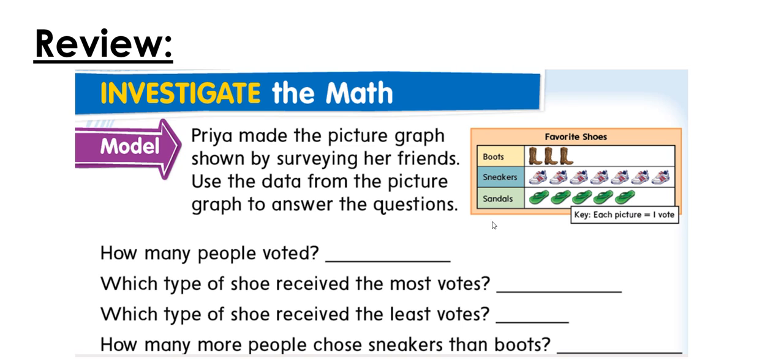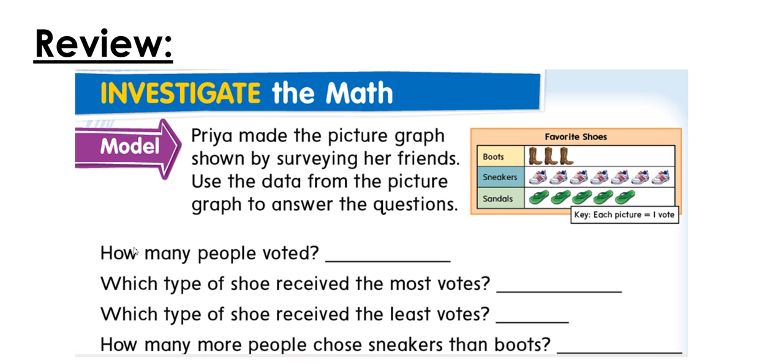So here we have the graph. We have to read the title of the graph, which is favorite shoes. So she asked her friends about their favorite shoes. She asked them about boots, sneakers, and sandals. And the key is that each picture equals 1 vote.